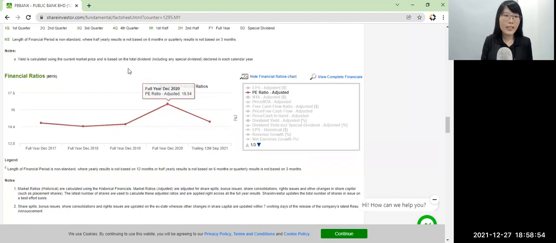Then the next one is the financial ratio. You can see all the financial ratios here. So you can see the PE ratio, NTA, price per NTA, free cash flow ratio, dividend yield, earnings per share, revenue growth, and so on.